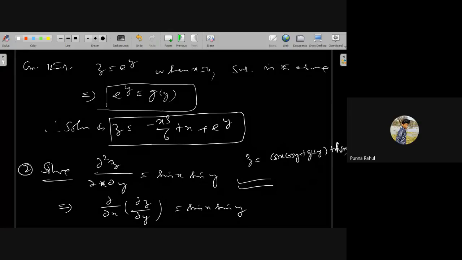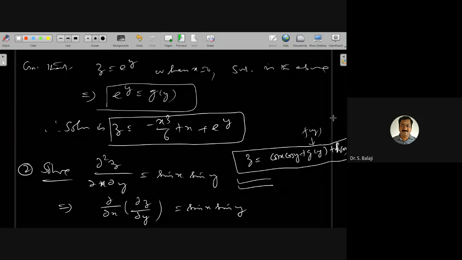Suppose you initially put f of y, then that integration will be g of y. Now h of x. After the final derivative, it will be h of x. G of y is the integration of f of y.